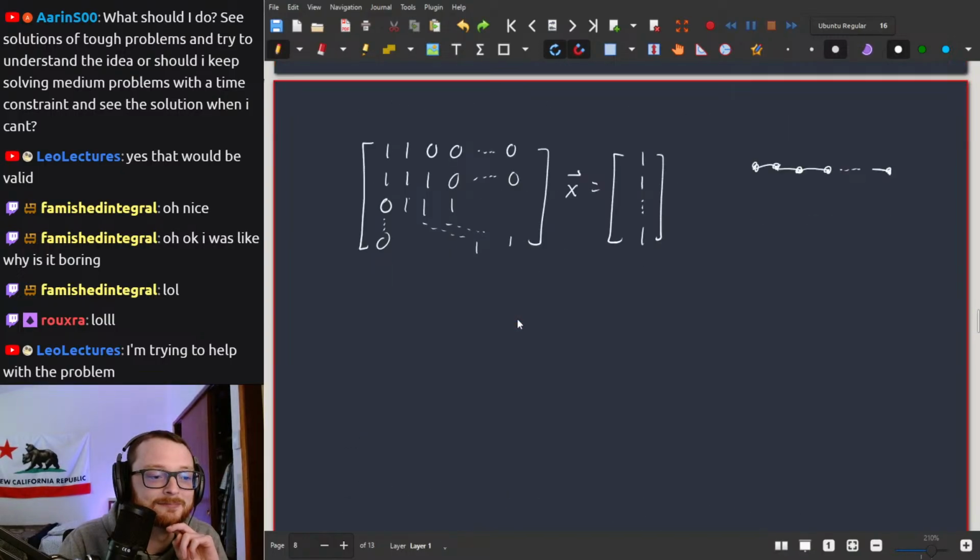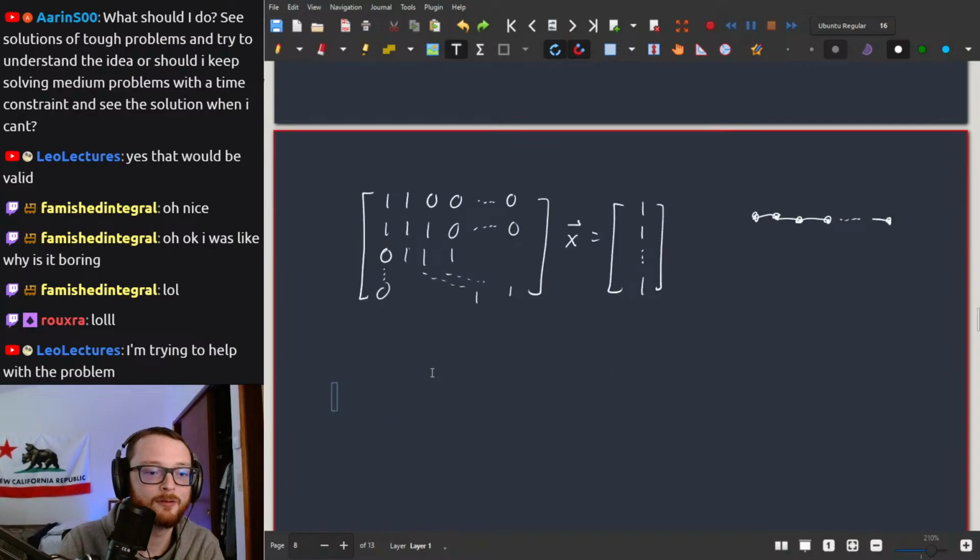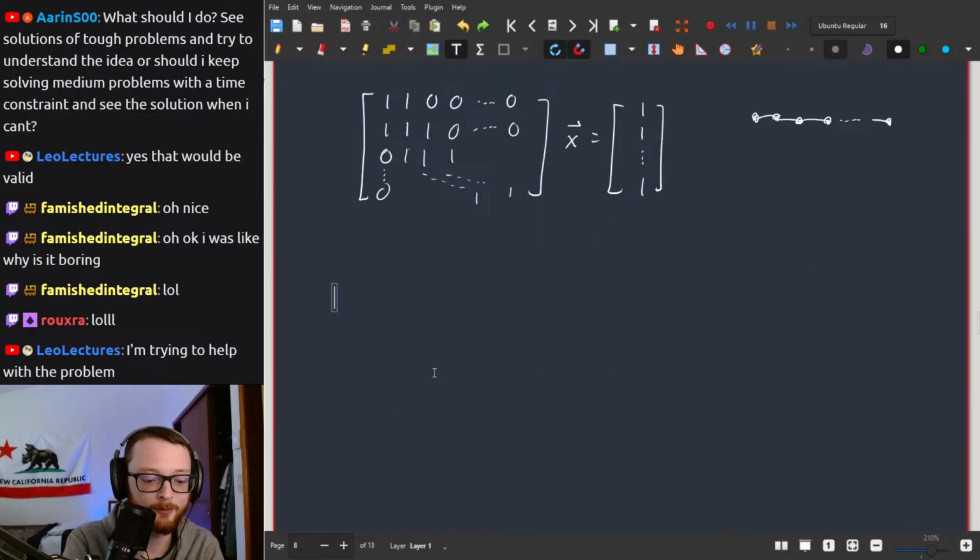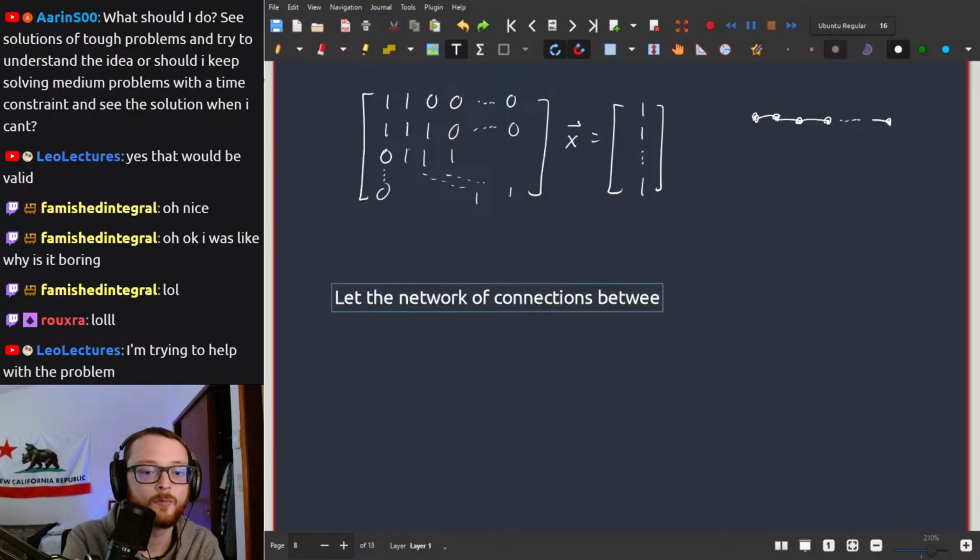Yeah, I guess maybe this feels too simple, but if I were to make an argument for an actual solution here, let the network of connections between light bulbs be represented by a graph.